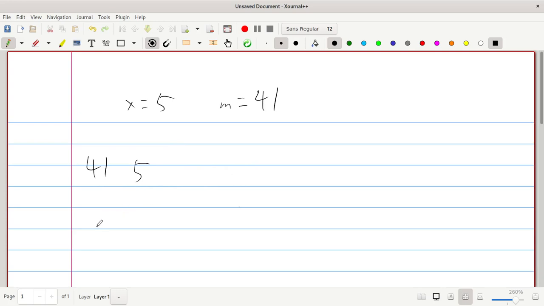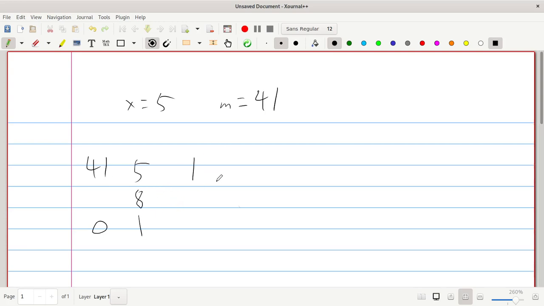So below we also write 0 and 1. Now like before, we're going to take the remainder of 41 divided by 5, which is 1. But we also want to keep the quotient. So 41 divided by 5, 5 times 8 is 40, so the quotient is 8. Okay, quotient is 8, remainder is 1.